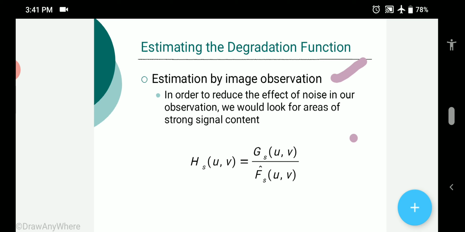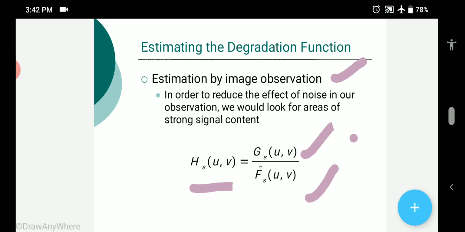If the sub image is denoted by gs of x comma y, and the original image is represented by f cap s of x comma y, then the signal in this strong signal area, in the frequency domain, is given by Hs of u comma v equal to Gs of u comma v divided by F cap s of u comma v.